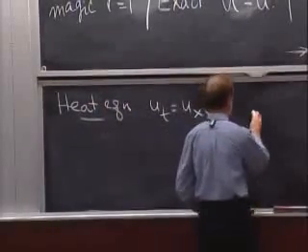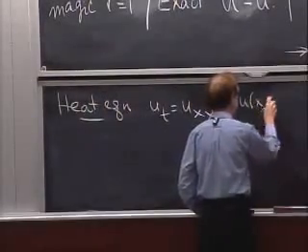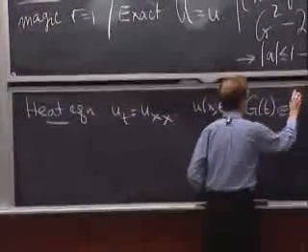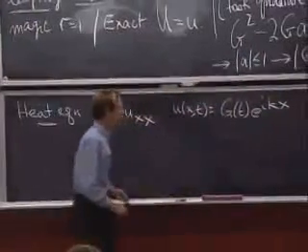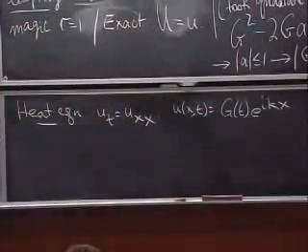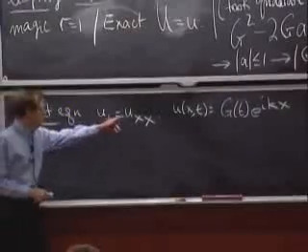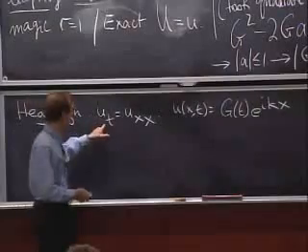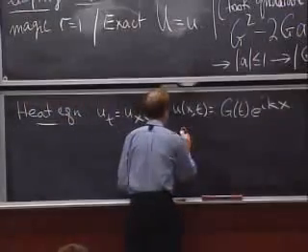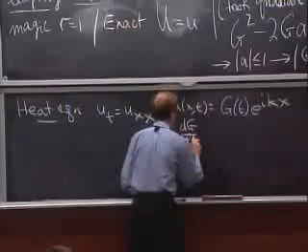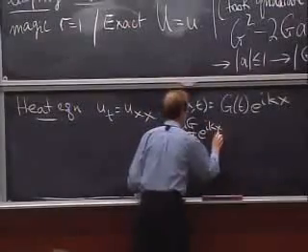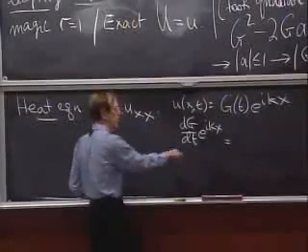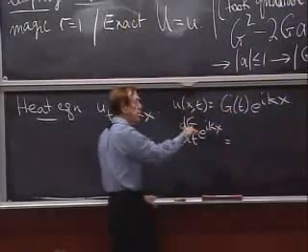So if I plug in u of x and t is some g of t e to the ikx, separating variables as always. Look for a pure exponential solution. Plug that in, we get dg/dt times e to the ikx on the left. And now I have to take two x derivatives. So that brings ik down twice.